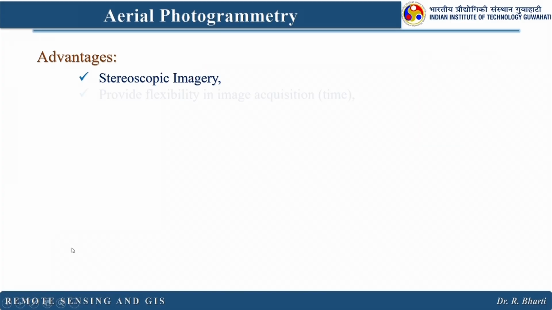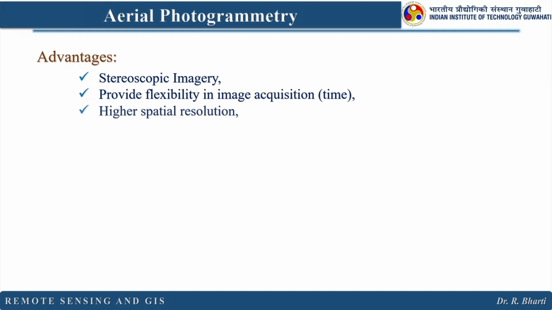Now the next advantage is that it can provide flexibility in image acquisition time, right? Then the third one is higher spatial resolution. Since aerial photogrammetry can be done using drones or maybe helicopters or maybe aeroplanes, obviously your altitude will be lower than the spaceborne satellite.